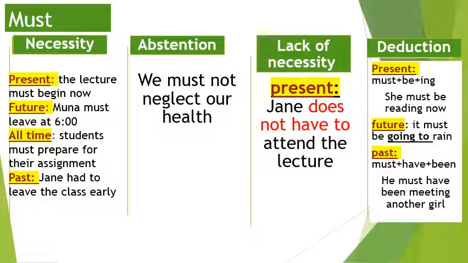As to present necessity, the lecture must begin now. The time expression now indicates that this is something at the present time. And when you say Mona must leave at 6, again, the time expression shows that this is a future necessity. As to all-time necessity, students must prepare for their assignment.